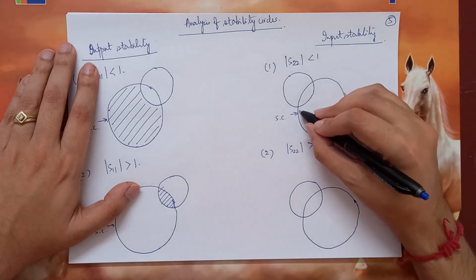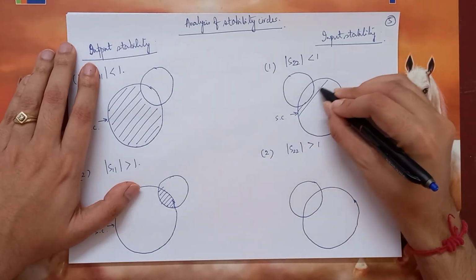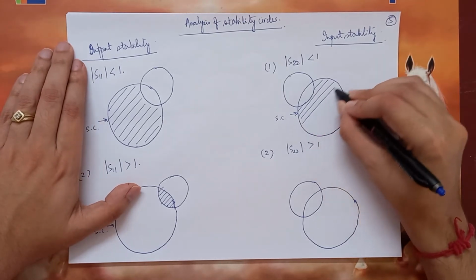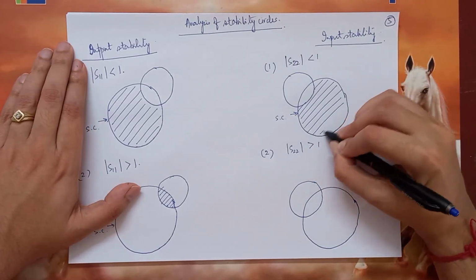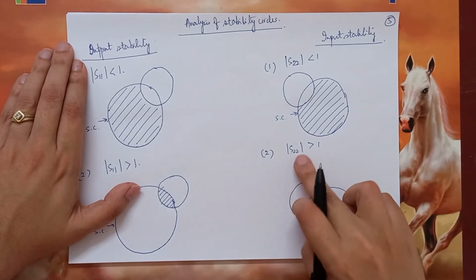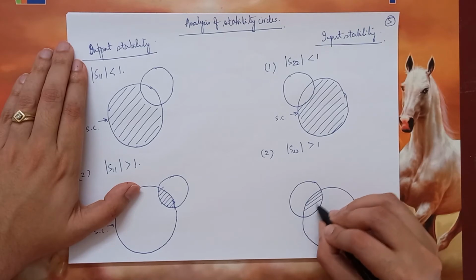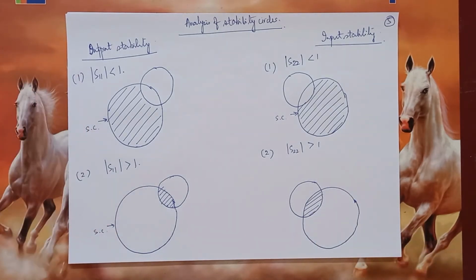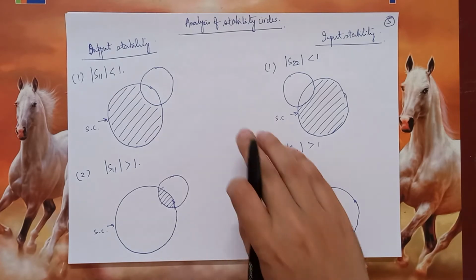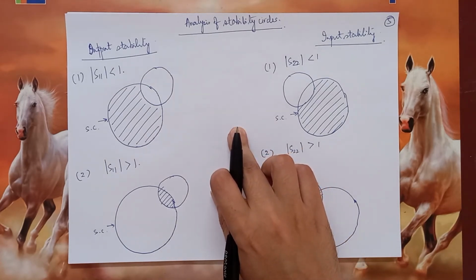So now this will be the stable region. But if S22 magnitude is more than 1, the stable region would move to this point. This is how to work with the stability circles, or understand what the stability circle indicates and what information it is trying to give out.